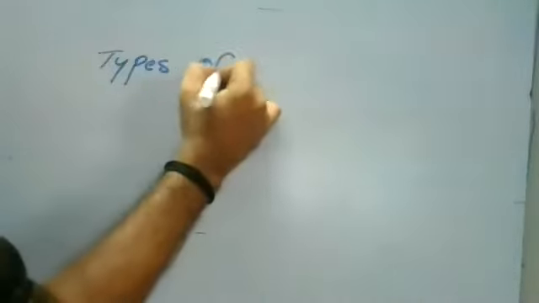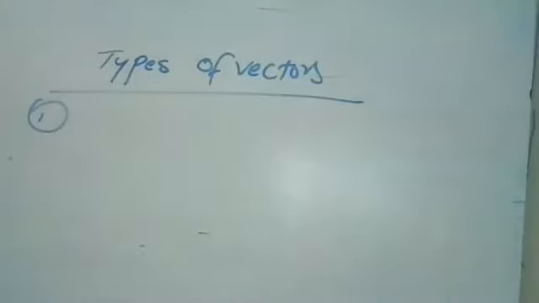Now we'll see the types of vectors. I'll give the headings first, then I'll explain them. First, equal vector. Second, negative vector.